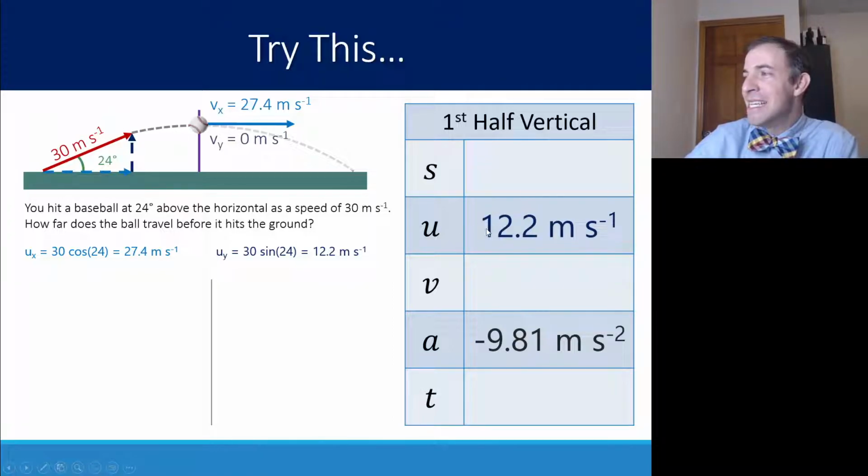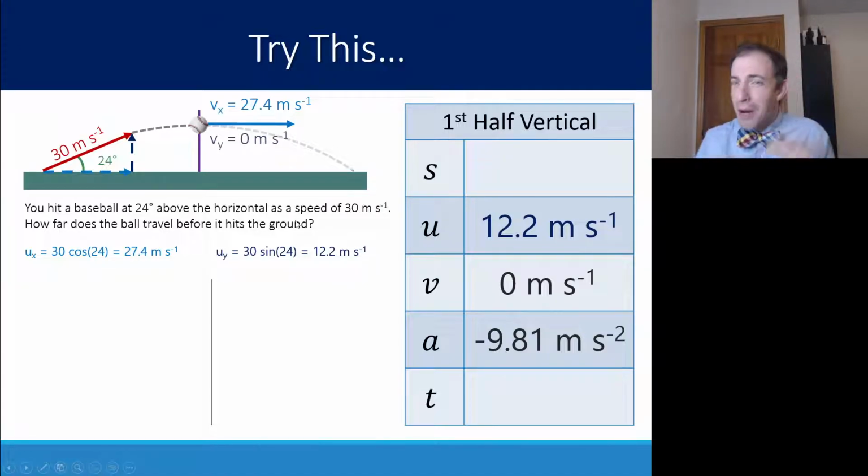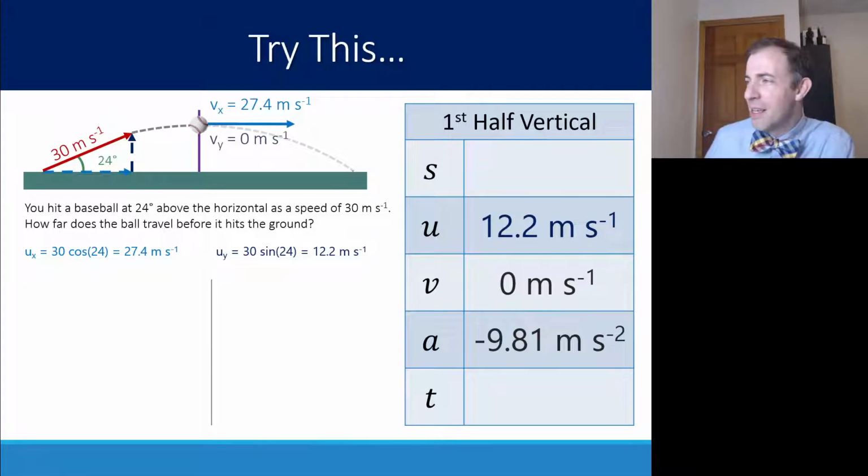We know that our initial velocity comes from that y component, that 12.2. We know the final velocity in the vertical direction is 0. So we are imagining that basically we're just throwing the ball up in the air at 12.2 meters per second. I want to solve for the rest here.